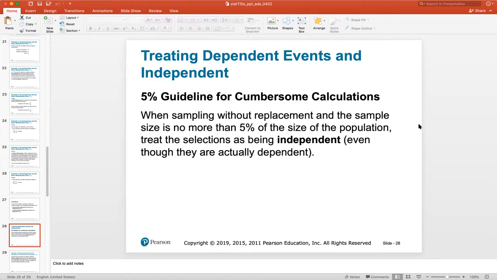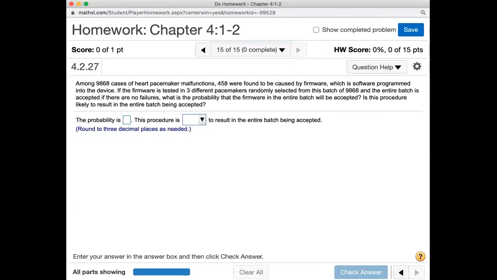Now back to the problem. The question is to figure out the probability that the formula in the entire batch will be accepted, right? In order to be accepted, each pacemaker's malfunction must not be caused by the formula. So we need the probability that a single randomly selected pacemaker malfunction is not caused by the formula.